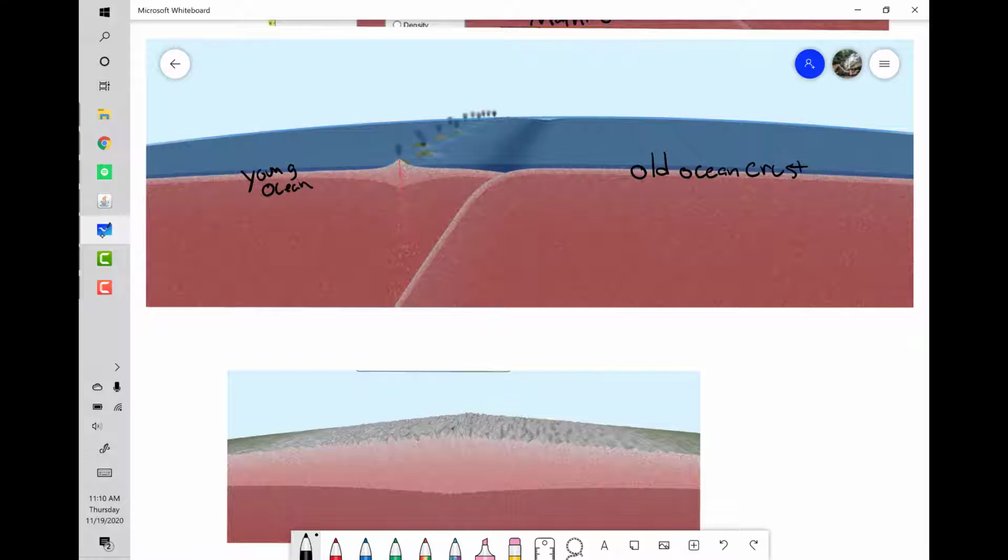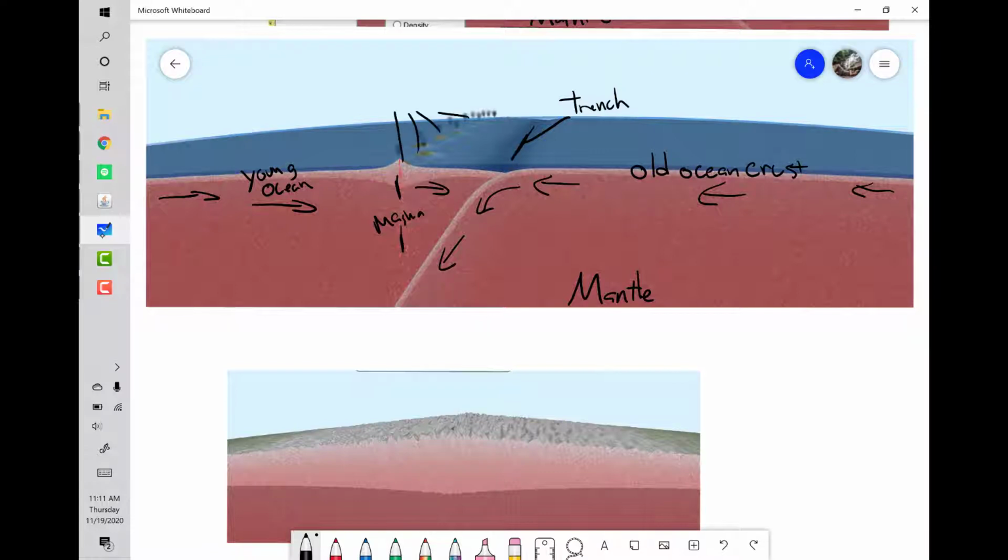All right, we had the mantle, again, that these things are floating on, even though they're both still solids. The crusts are floating like you float. We got that magma rising up. We've got another trench here. And a bunch of volcanoes.